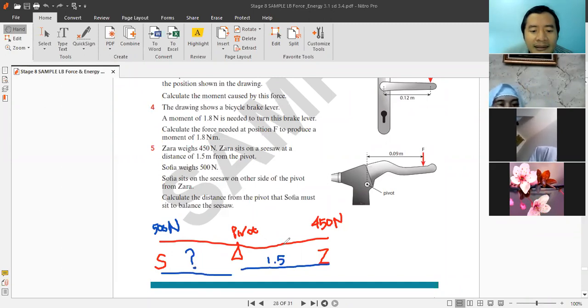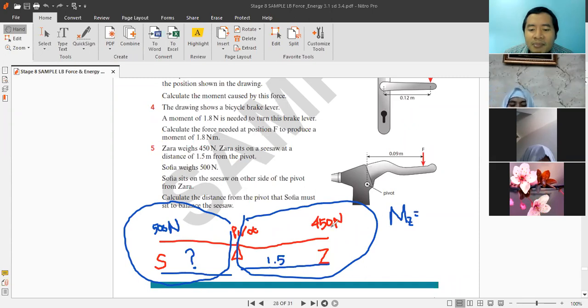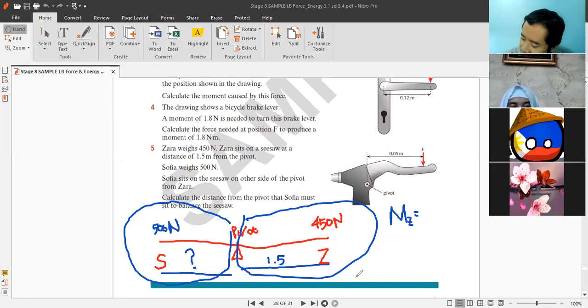So the clue is that the moment of the right side must be the same as the left side. The moment must be equal. The moment of Zara is force times distance. The force is 450 times 1.5, how much? 675.